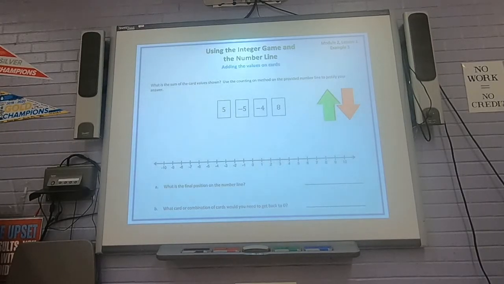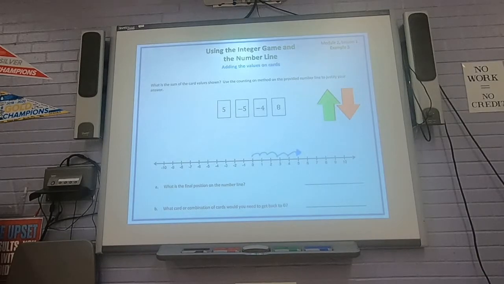Alright, so I'm going to show you how to do that on the number line. So you start at 0, and the first number is 5. So I'm going to make a little loop that goes from 0 to 5, and put an arrow right there.